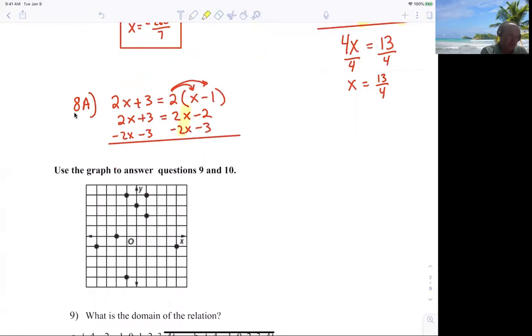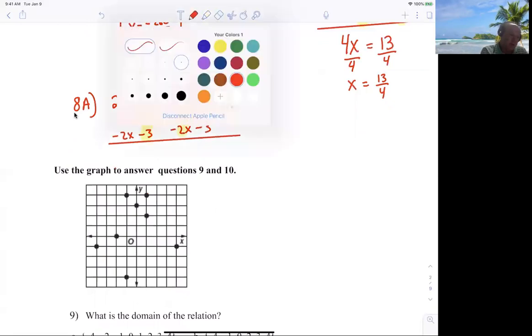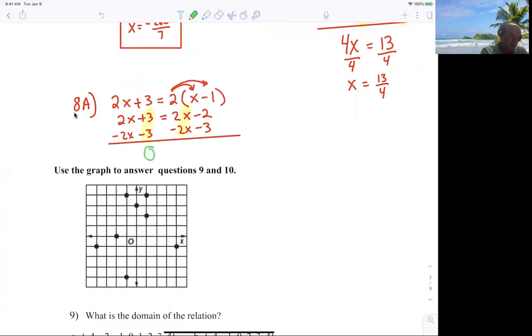These cancel, and also over here, 2x minus 2x. So it's 0 on the left side and negative 5 on the right side. Well, 0 does not equal negative 5. Because 0 does not equal negative 5, there is no solution. 8A is no solution.